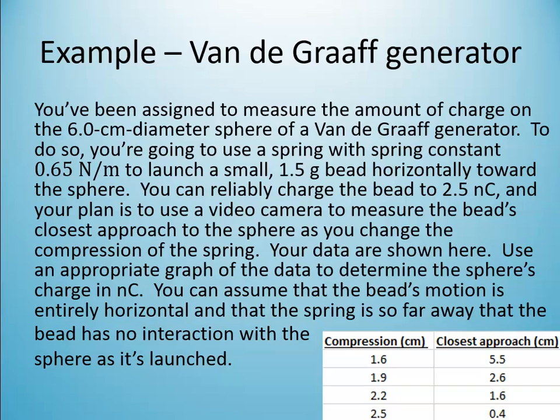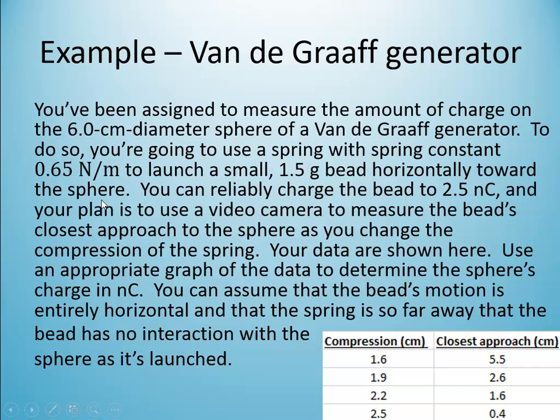And the idea is to measure the bead's closest approach using a high-speed camera as a function of spring compression distance. And upon doing that, you get the following data table that's shown right here.